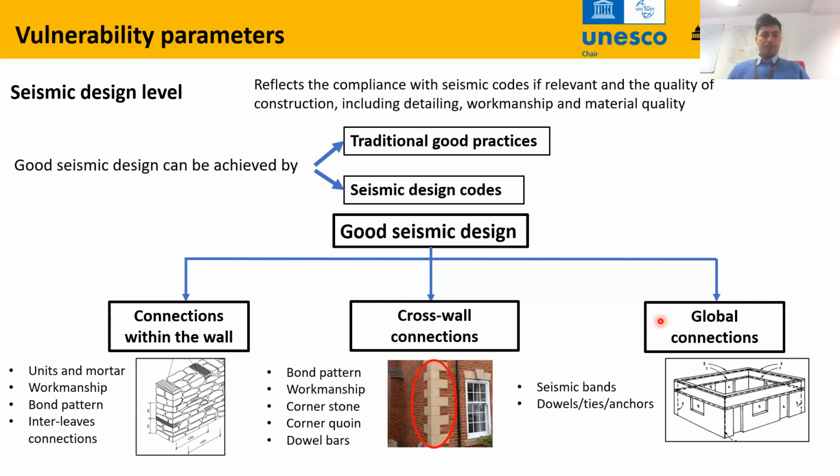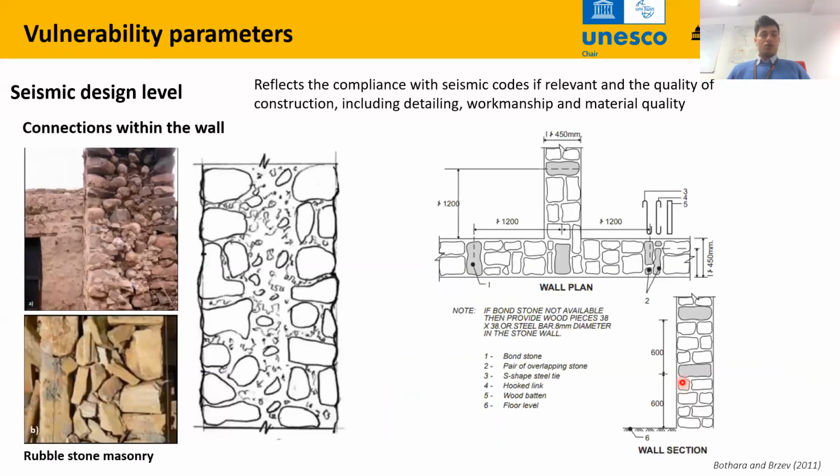For example, these are indicative of what we mean. This is wall level connections, wall integrity; cross wall level connections; and this is global level connections. These contribute to some extent to box-like behavior, while these bind all the walls together, improve ductility as well, and improve more the box-like response. We will see each of these one by one.